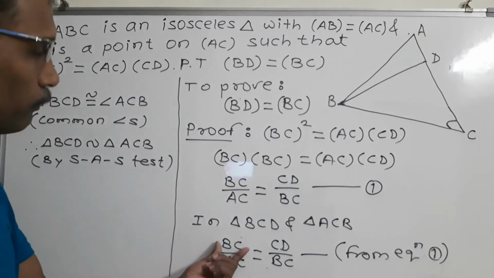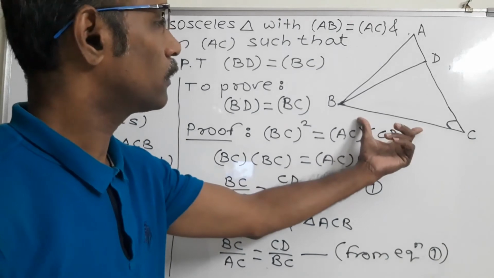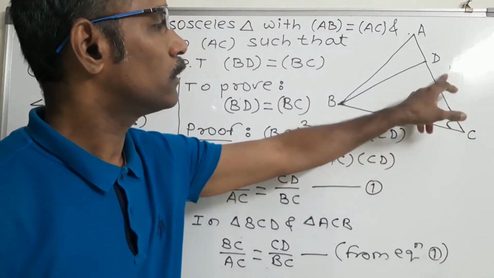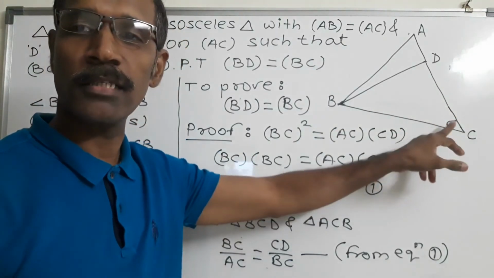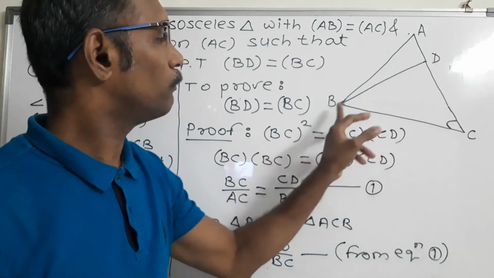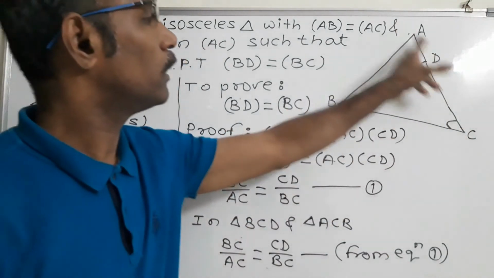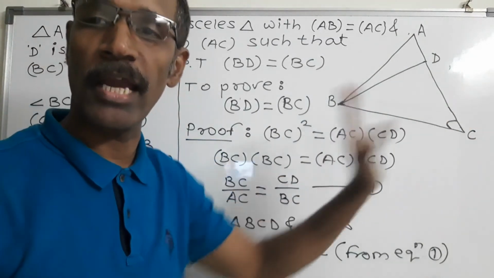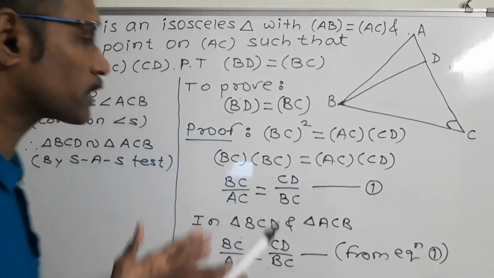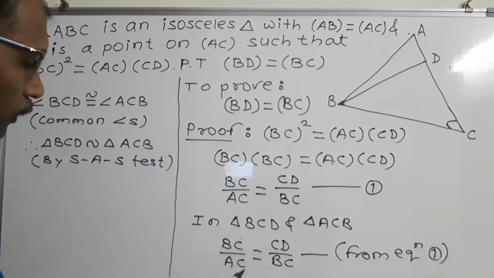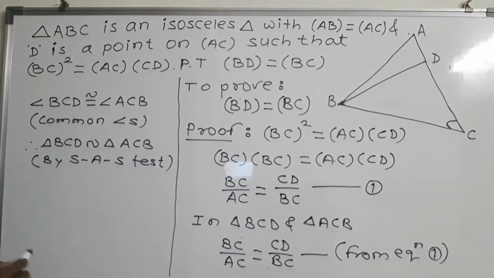See here, BC and CD subtend this angle BCD, and in the same way AC and BC subtend the same angle, and therefore we write SAS test.